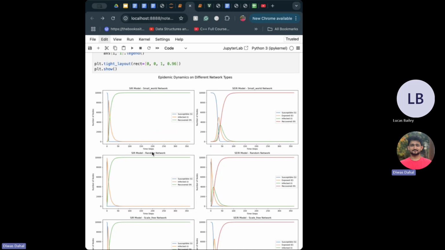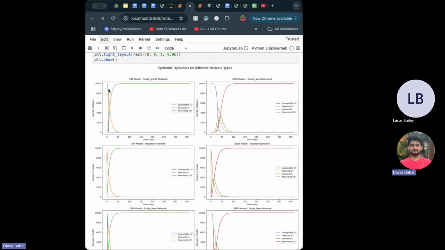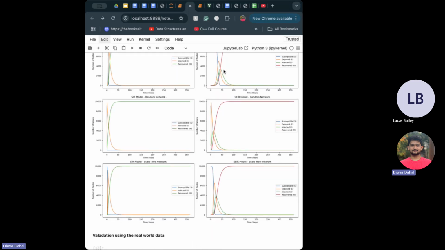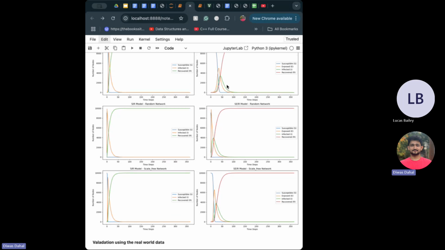This reduced the threshold for epidemic outbreaks. In the SIR model, the infection peaks more quickly as infected individuals spread the disease immediately. And in the SEIR model, there is a slight delay in the spread due to the exposed stage. But once the individuals become infectious, the disease spreads pretty quickly.